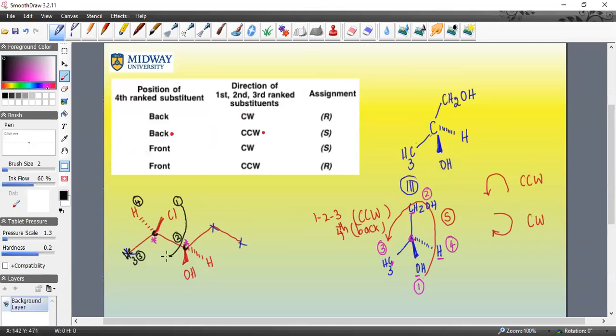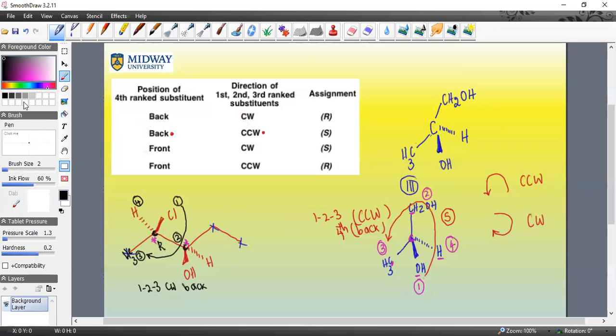So this is the way I can connect my 1, 2, 3s. My 1, 2, 3 is clockwise, and then my lowest rank substituent is in the back. So 1, 2, 3 clockwise, and back is R. So this is a R.